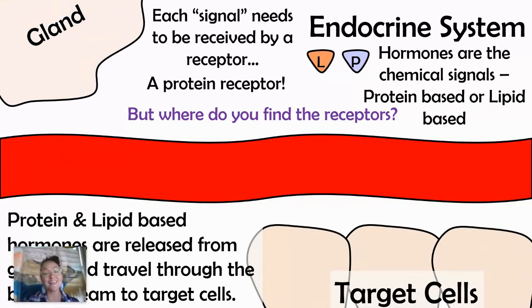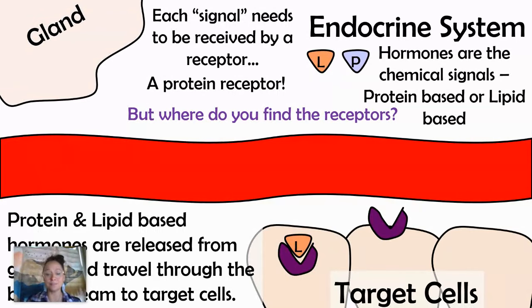When you look at a lipid hormone and a protein-based hormone, though, the receptors are located in different places on those target cells. So let's look at lipids first. When a lipid-based hormone is released from a gland and it travels throughout the body's bloodstream and it reaches its target cell, because it's lipid-based, it can travel right through that cell membrane and attach to the protein receptor within the cell.